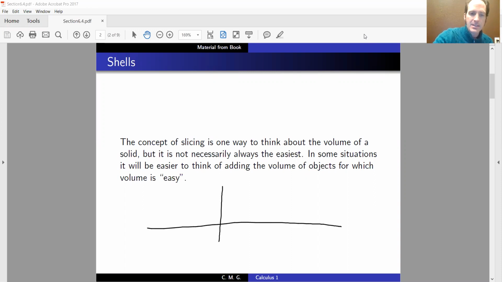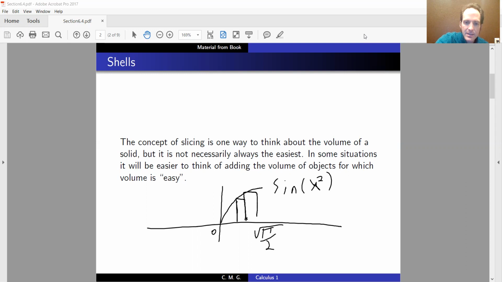We take our sine curve from, say, 0 to 1, or sorry, this is 0 to the square root of pi over 2, so that goes up to 1 in the y value. This is the sine of x squared. Now as I revolve this about the y-axis, what I think about is, when I took the area of this thing, I took it as little rectangles that I was adding up.